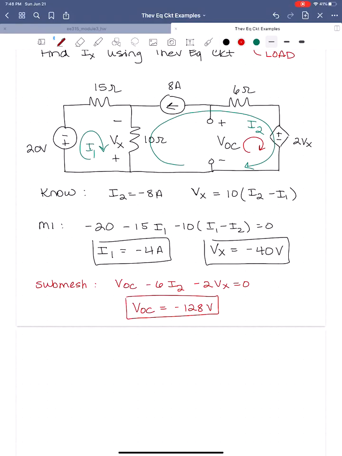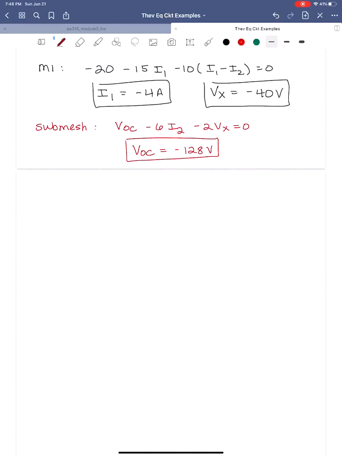Now, remember, this is different because we have a dependent source in our circuit network, which means we cannot use the quick method. We must use the long method here. Which means we're going to take that circuit network again and draw it out again.